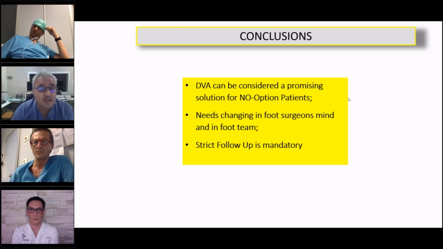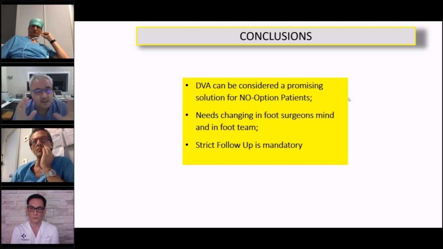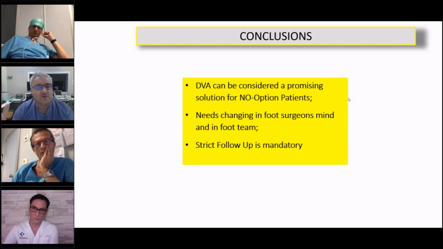Of course, we have to standardize the technique. Of course, we have to collect data. Of course, we have to change our mind in the team: the surgical approach, the follow-up approach, the selection of these patients in order to offer this technique in the best way. Thank you for the attention.